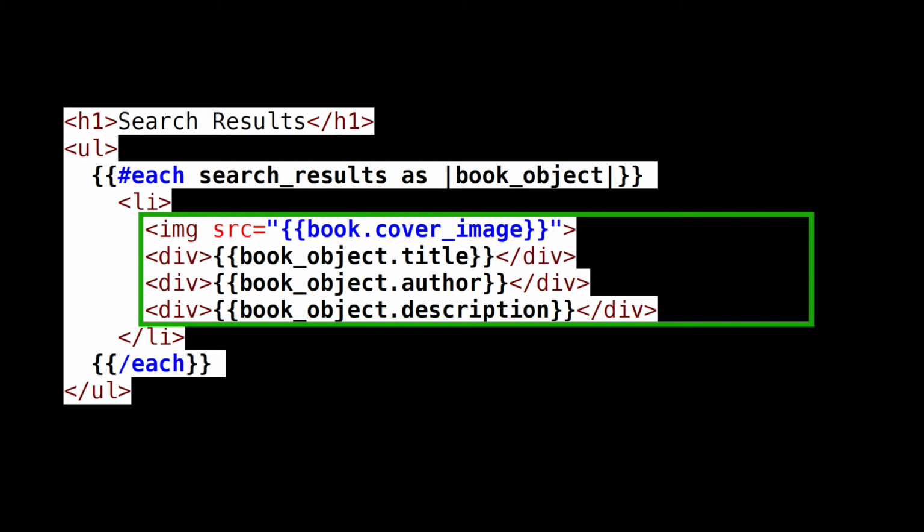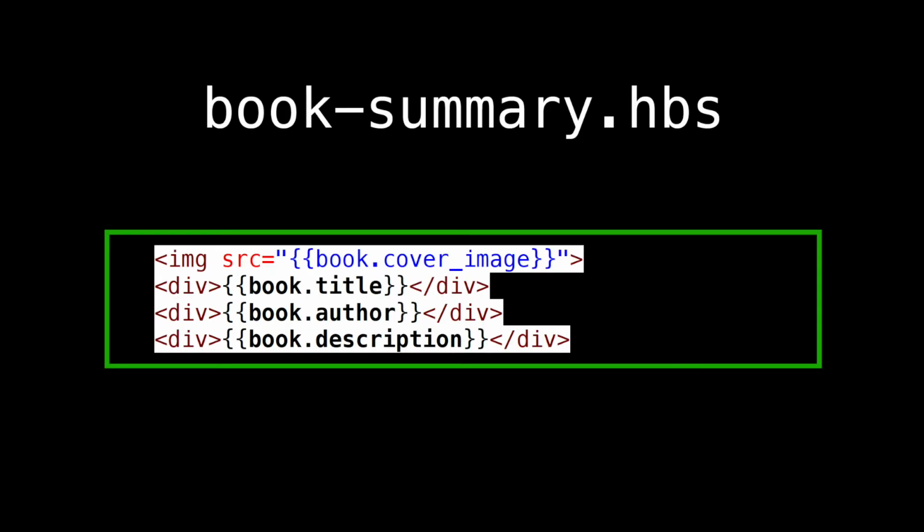Now, if we look at that part that just represents the book, we can start to think about how we can extract that out of this page and think about it as its own little entity. And so we can do just that, and we can make a component that we might call booksummary.hbs. Right, so now we have this single component that just represents what a simple, basic book might look like for a user.